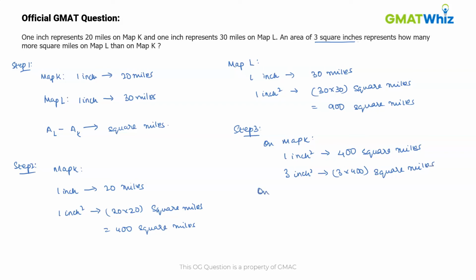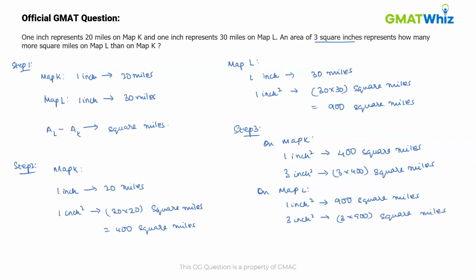Similarly, on map L, if 1 inch squared represents an area of 900 square miles, then an area of 3 inches squared on map L would represent 3 times 900 square miles.